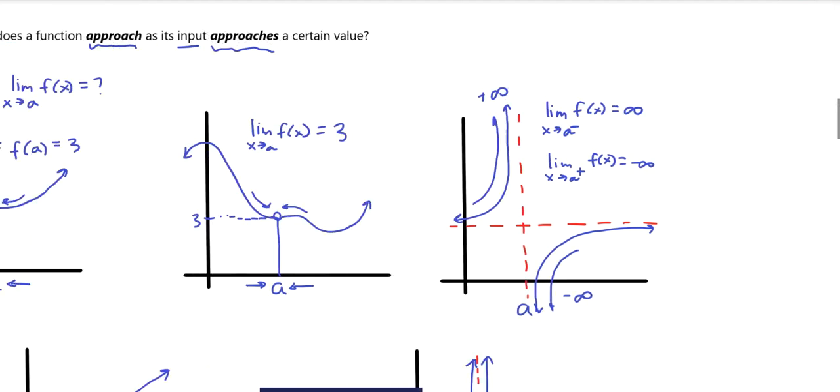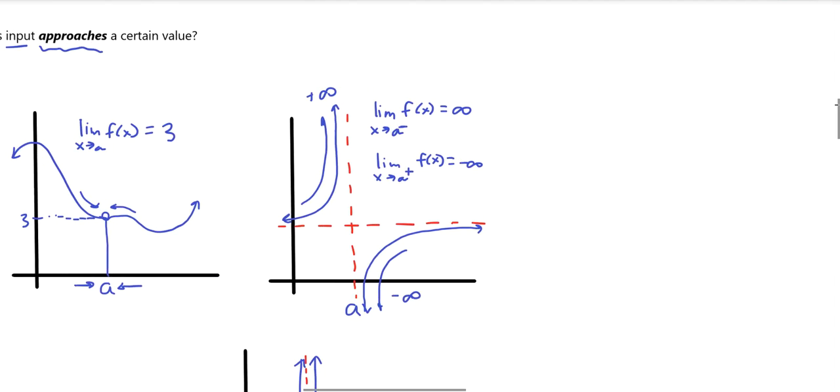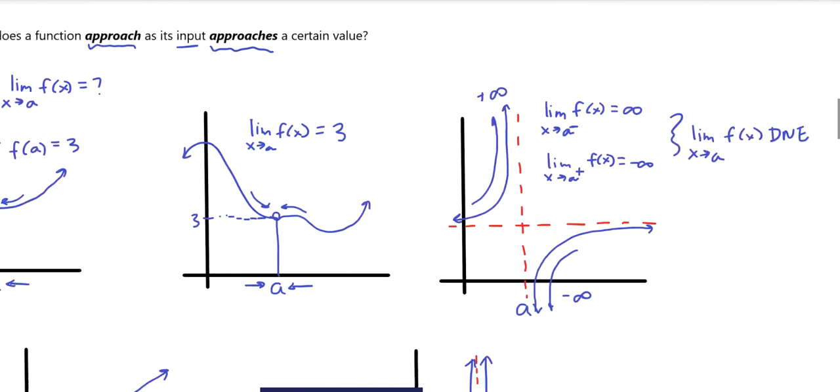However, because the left and right-hand limits don't match, in math we say that the limit as x goes to a of f of x does not exist, because the left-hand side and the right-hand side don't agree about what this function is approaching at x equals a. Whenever your left and right-hand limits don't equal each other, your limit as x approaches that value is not defined. It does not exist.